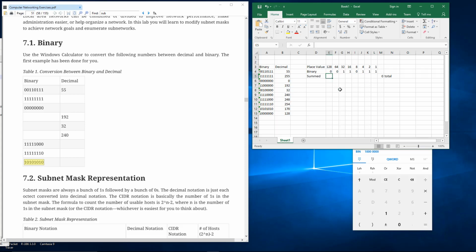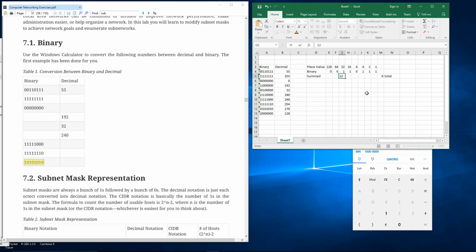Here's how I can convert that binary number into decimal. If the binary is a 1 in the column, I will copy its value down to be summed. I'm not going to copy that 128 because it's a 0. I'm not going to copy that 64 because the binary is a 0.